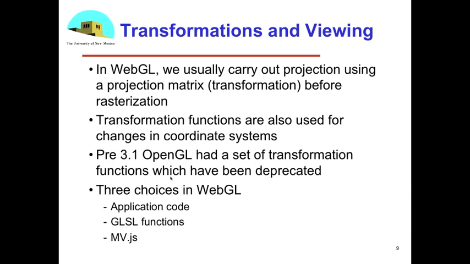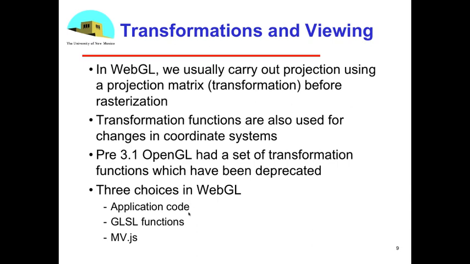Now, before OpenGL 3.1, we had a whole bunch of transformation functions. We could set specific kinds of transformations, like translations and scalings and rotations, and we could set certain kinds of viewing transformations to get the standard perspective and orthogonal views. All those functions were deprecated.